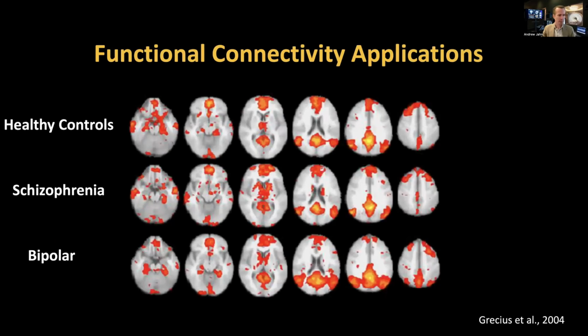So with that out of the way, functional connectivity has been very useful for trying to determine whether there are differences between, say, clinical populations. If we look at this paper by Greicius et al., 2004, you see, if we look at that canonical default mode network, is it systematically different between normally developed adults and people who might have schizophrenia or bipolar disorder?